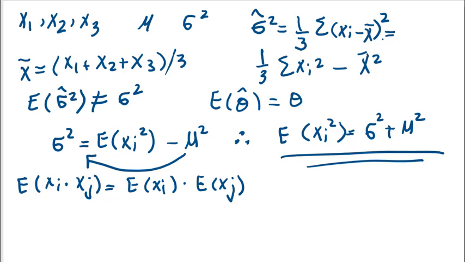So we know that expectation of xi is mu and expectation of xj is mu. So expectation of xi times xj would be mu squared.